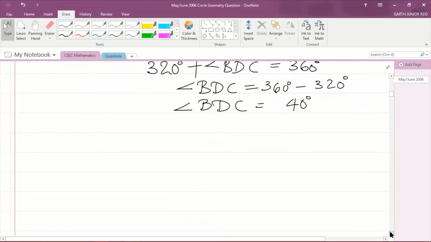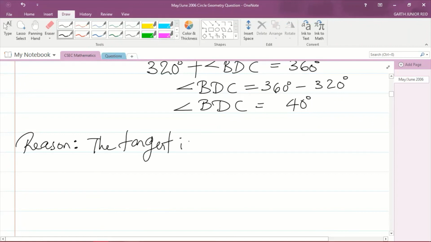But remember now that we need to write our reason. Okay, so our reason here is, well, to get the 90 degrees, we had stated that the tangent is perpendicular to the radius, right? That's what we stated. So one of our reasons is that the tangent is perpendicular.